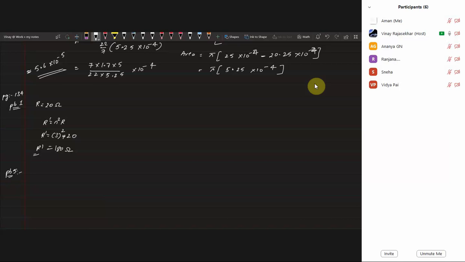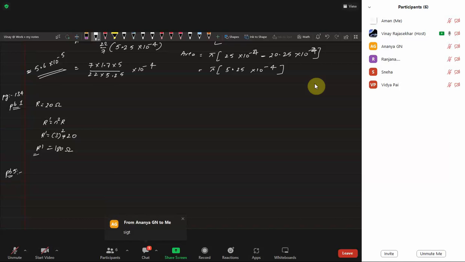A uniform wire of cross section A and length L and resistance R is bent into a complete circle. The resistance between any two diametrically opposite ends is asked. Now total resistance is R. Upper part resistance is taken as R1, lower part resistance is taken as R2. Then upper part resistance R1 can be taken as R into theta by 2 pi.